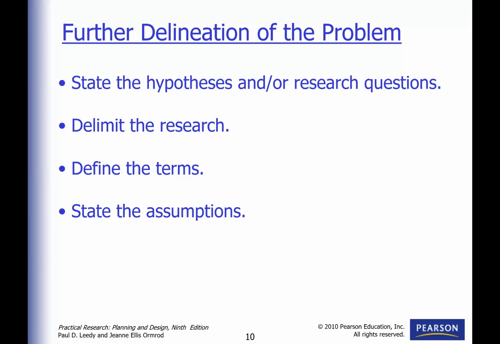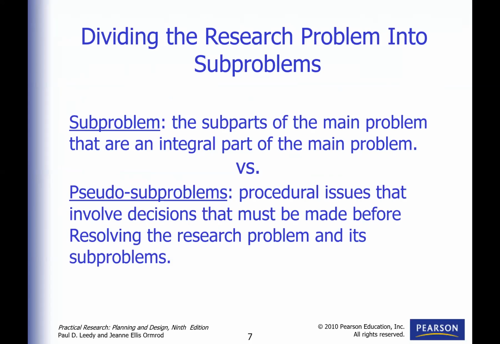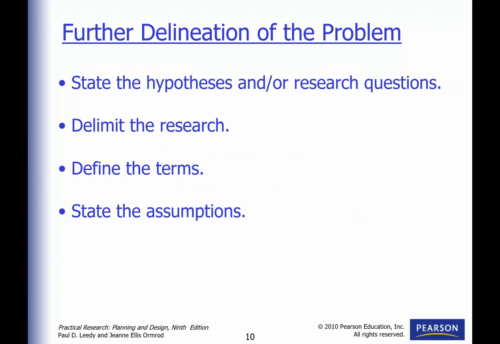Okay, so what happens after we already have our problem statement and our sub-problems? We have to clarify our research further. We have to make sure that we ourselves and everybody else understand very clearly what is happening in your research.